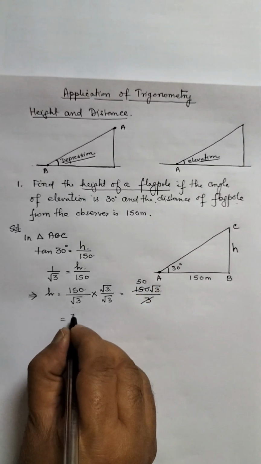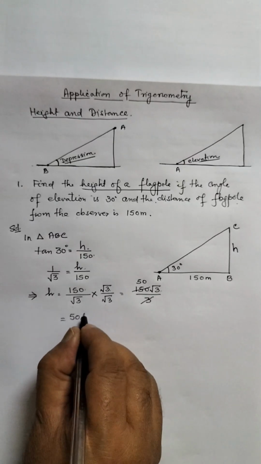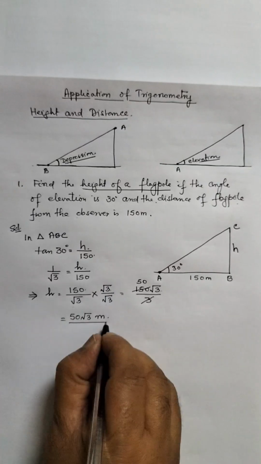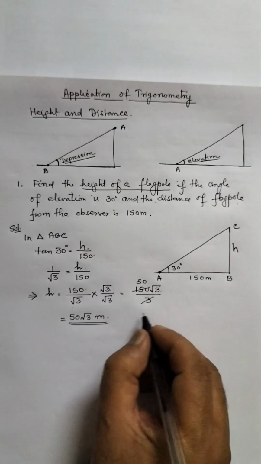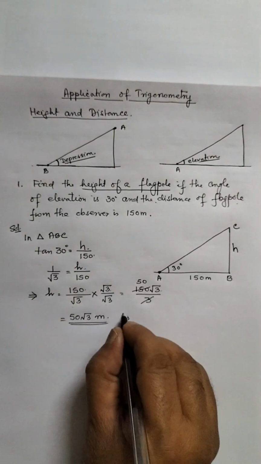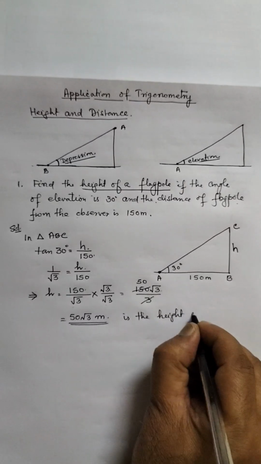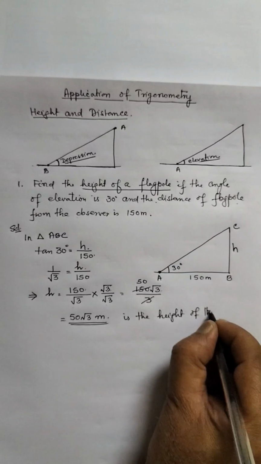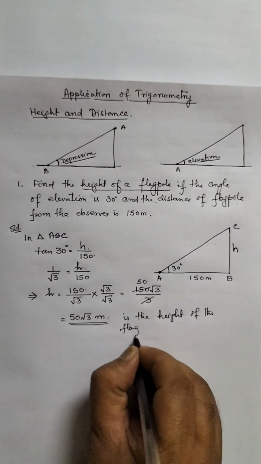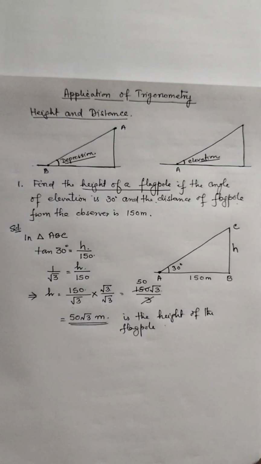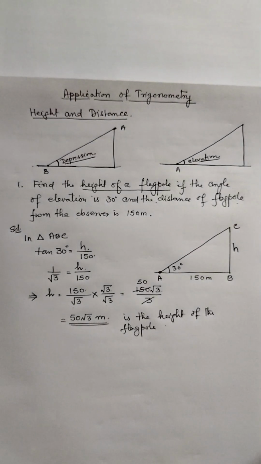So this is 50 root 3 meters, the height of the flagpole. So this is our answer. Now this way there are a number of problems, and surely one problem is going to come from this part.